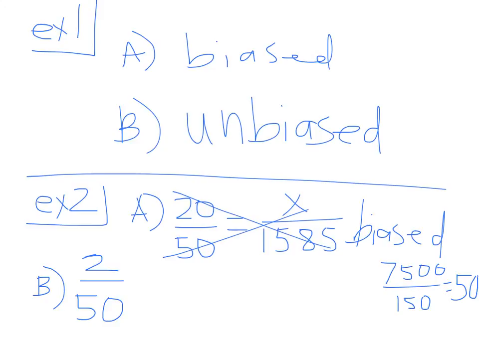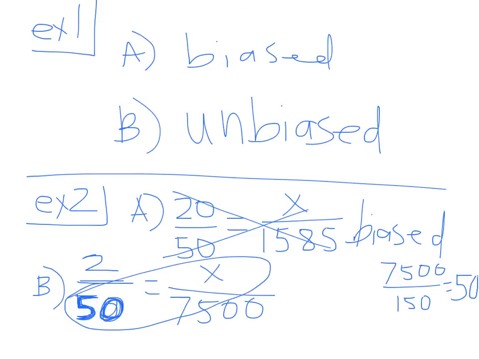So out of every 50 chips, we've got 2 that are defective. We're going to take that to a total of 7,500 chips and try to figure out what that exactly is.